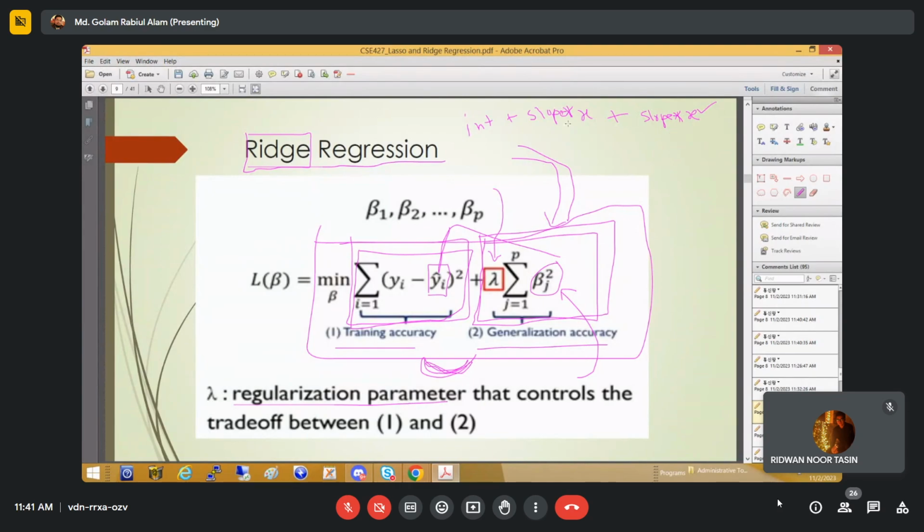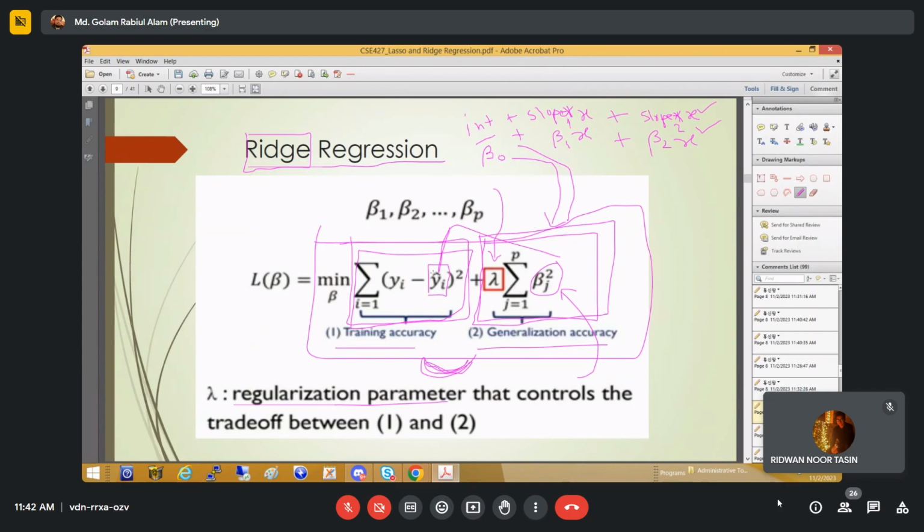This slope is slope number 1 and this is slope number 2. So this intercept we usually call beta 0, this slope is beta 1, and x is our feature, and slope 2 is beta 2, and x square is the square of that feature value.